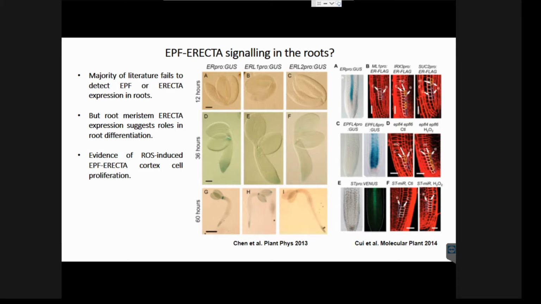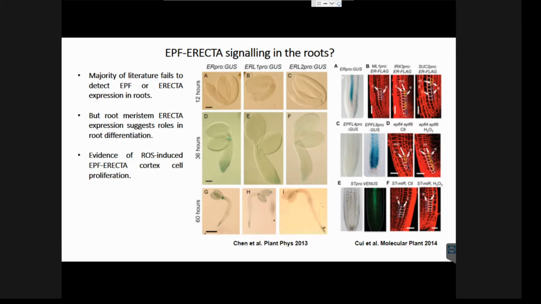Because two papers, one from 2013 and another 2014, show that ERECTA is present, very low expression, but it's present in Arabidopsis. So it's a case of what it's doing there, and why is it so infrequently picked up in transcriptomics experiments and protein level.